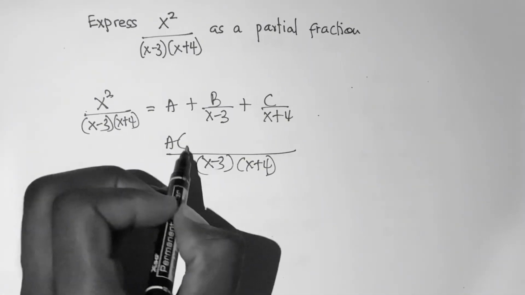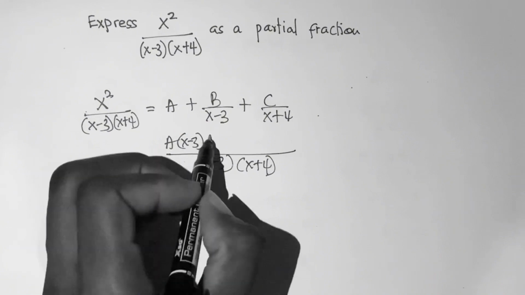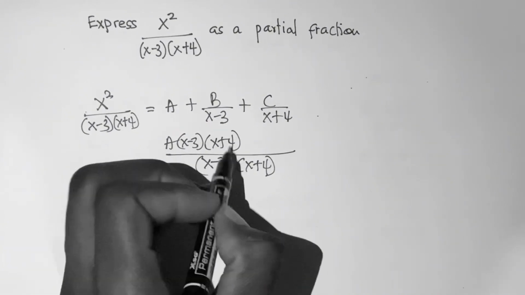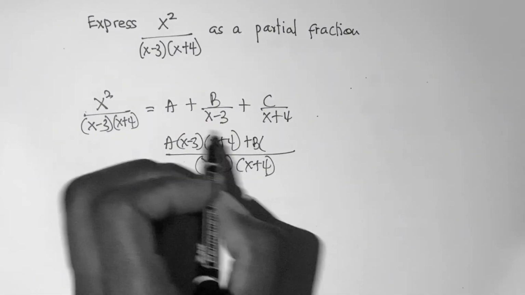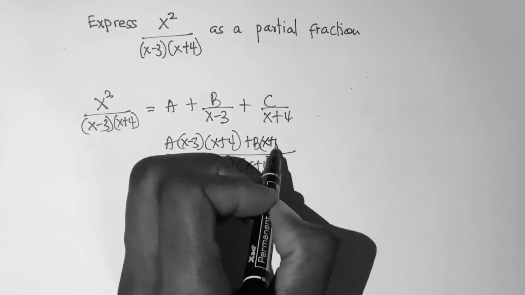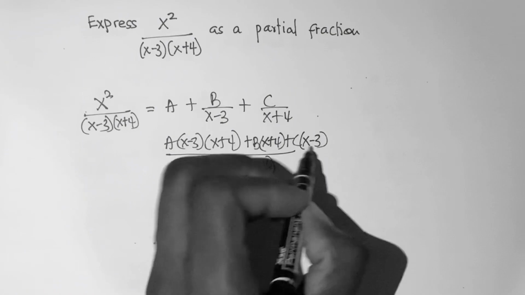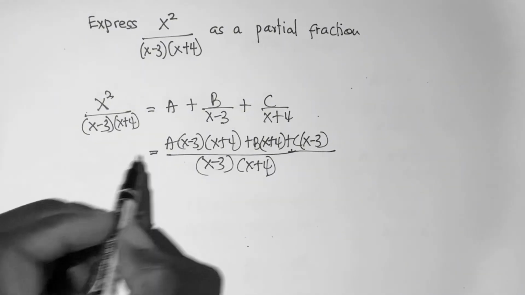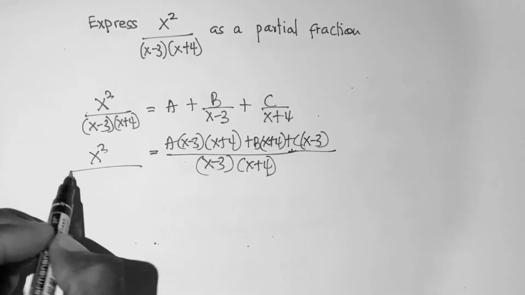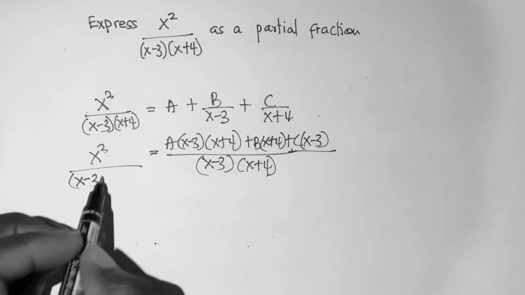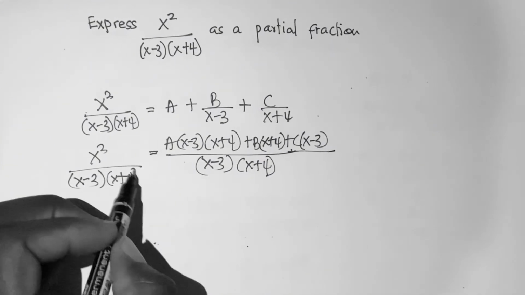So A is going to multiply x minus 3 times x plus 4. Then plus B, B will multiply x plus 4. Then plus C, C will multiply x minus 3. So this is equal to x squared divided by x minus 3 times x plus 4.